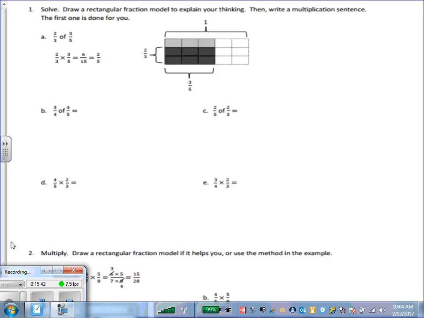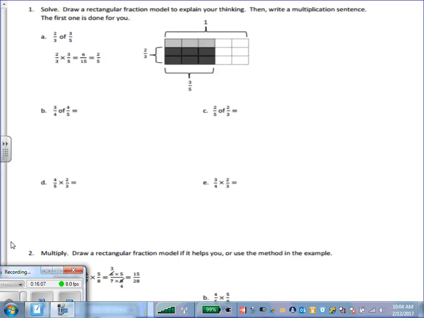So, now, as I told you, the only difference between this lesson and the other lesson is that we went from a unit fraction to a non-unit fraction. That's really the only difference that I see. So, the first one is done for you, where they went from 2/3 of 3/5.